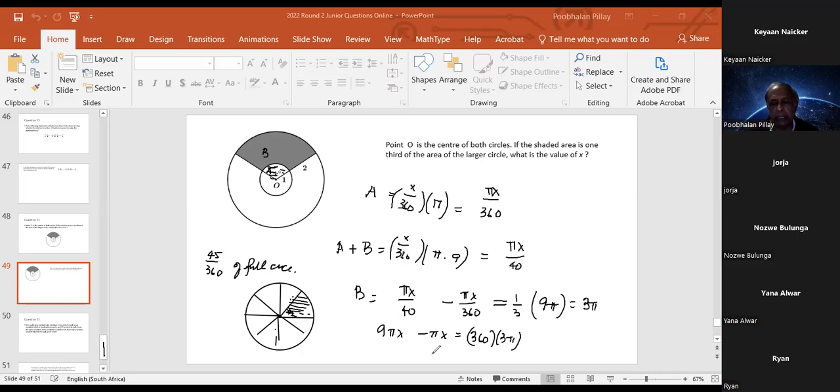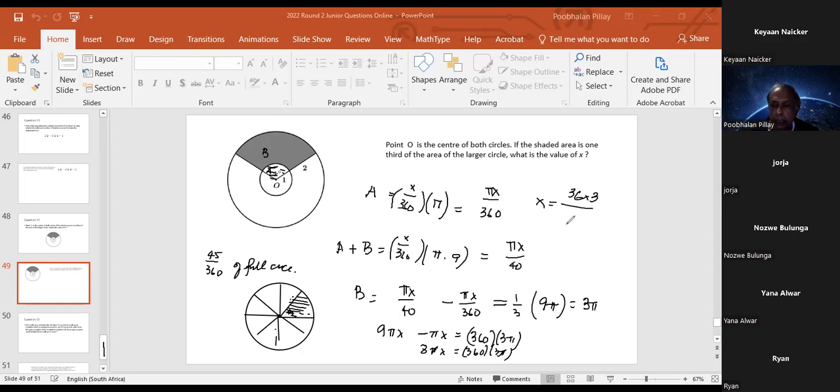Okay, 9 pi x minus pi x is 8 pi x equals 360 times 3 pi. That's 8 pi x. Pi's cancel. And there it is. We're getting our x now. 8x is 3 times 360.